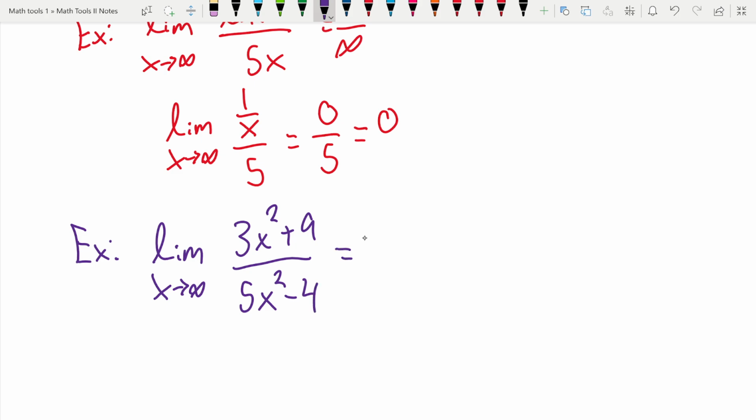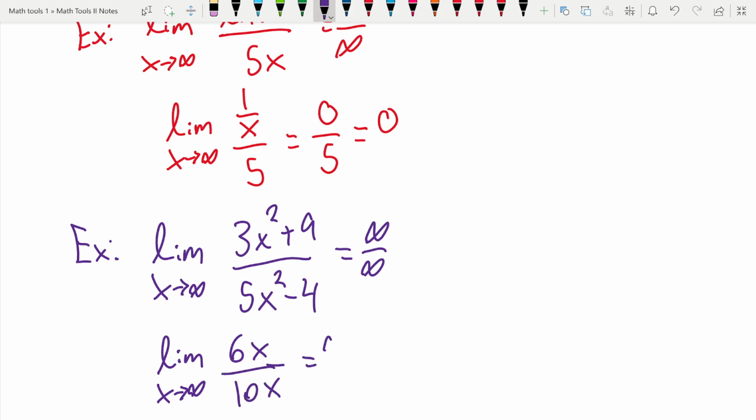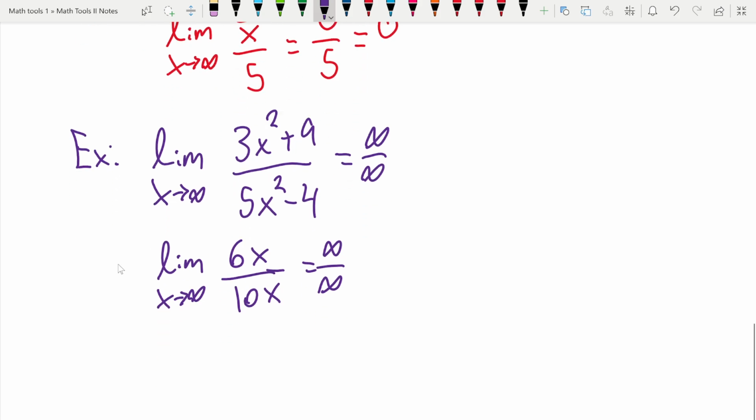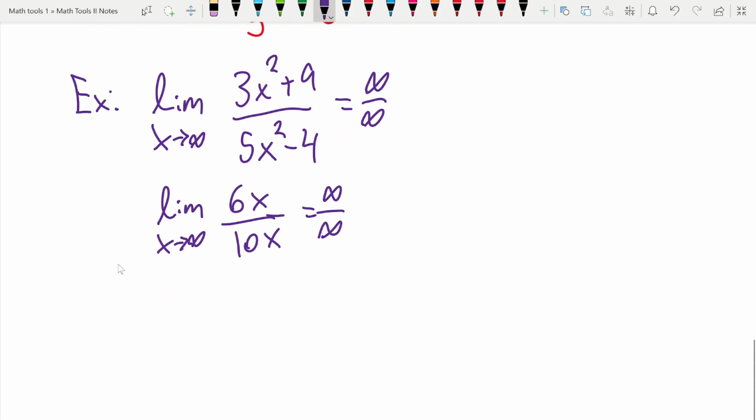Okay. So that'll be infinity over infinity. When we take the derivative, we get 6x over 10x. So we still get infinity over infinity, right? So because we got it again, we can just apply L'Hopital's rule to this quantity now.